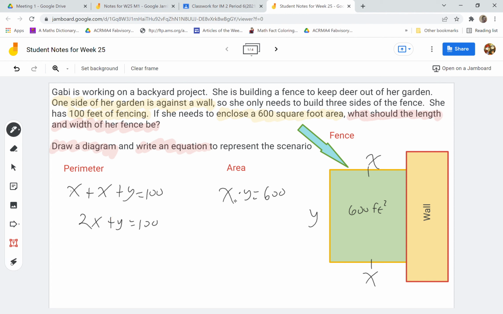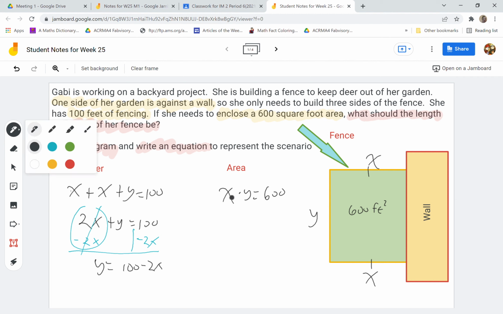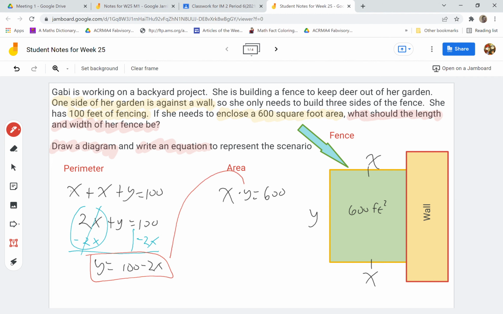So I'm going to go ahead and subtract 2x from both sides. Just like that. This will give me a zero. And then I have here y is equal to 100 minus 2x. So I'm going to take this and substitute it right here.